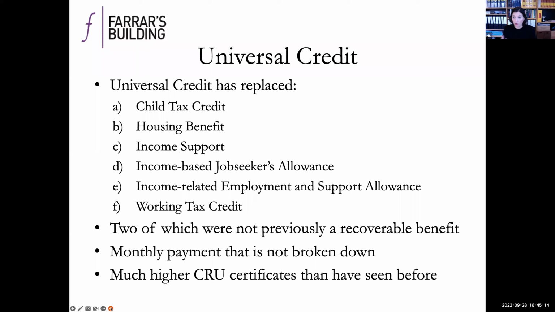And actually, it's all been rolled up into a universal credit payment, and that's much more, and that will completely wipe out potentially their past loss of earnings claim. Whereas part of that, they'd argue, well, that's my housing benefit that I've always received. How is that as a result of the accident? But you can't separate it out.